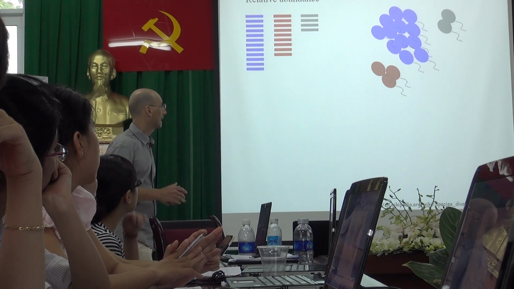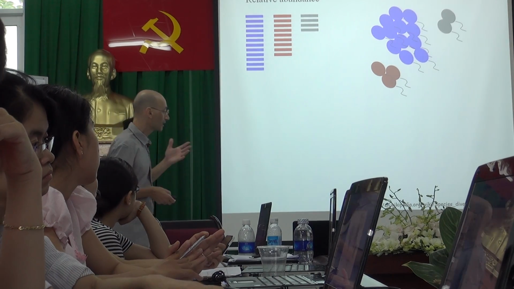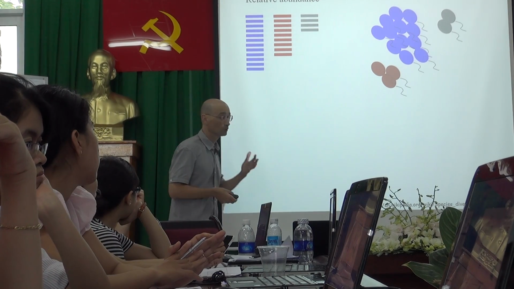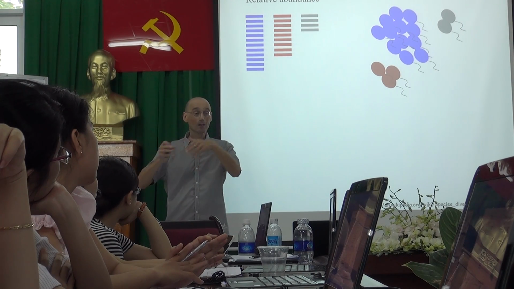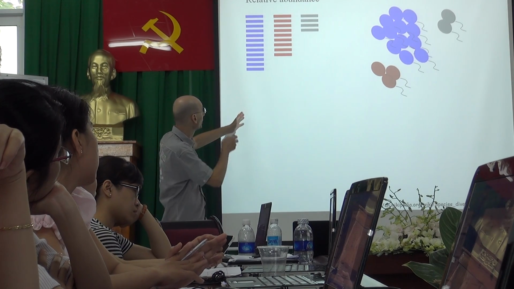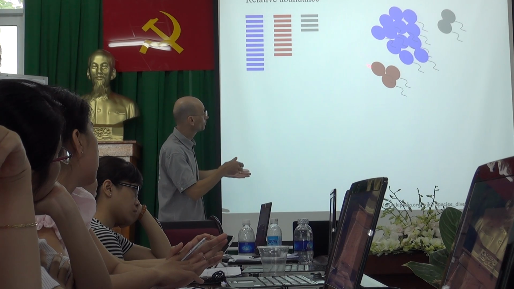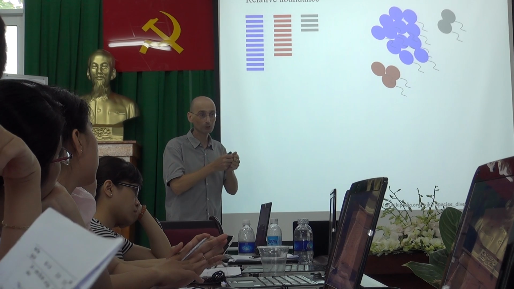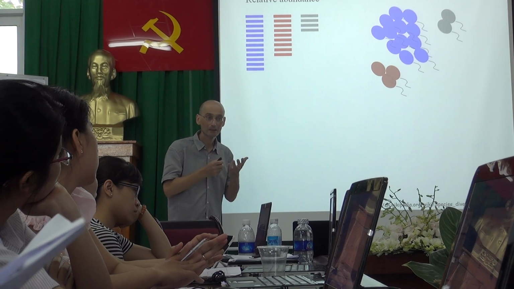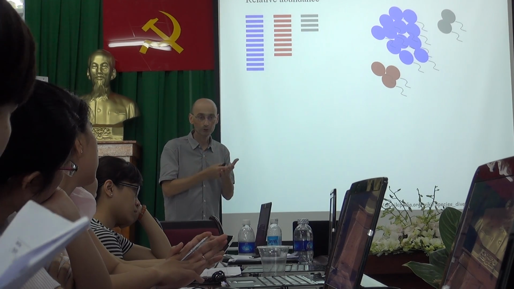Okay, and with these tools, you can not only classify in OTUs or get identities, but you can also get, of course, the relative abundance. You're interested to know in each OTU how many of each OTU you have. So again, it depends upon what you want to look at.